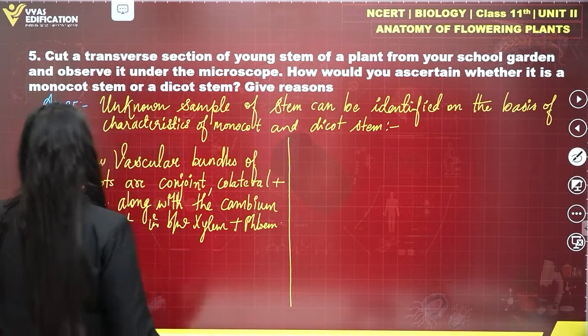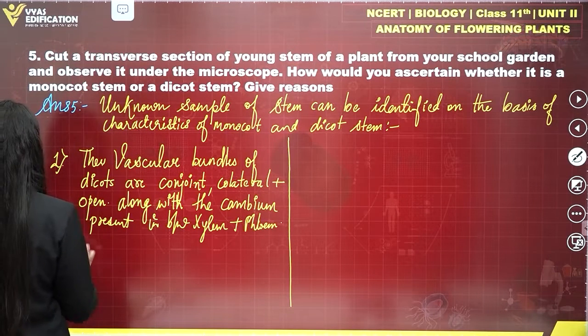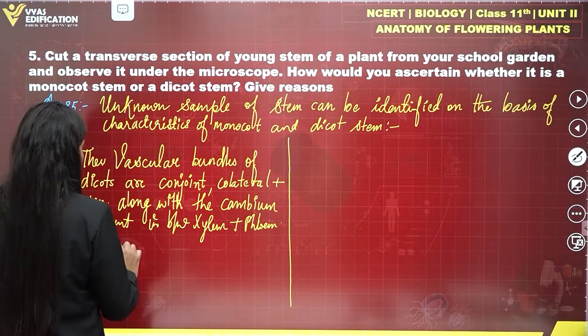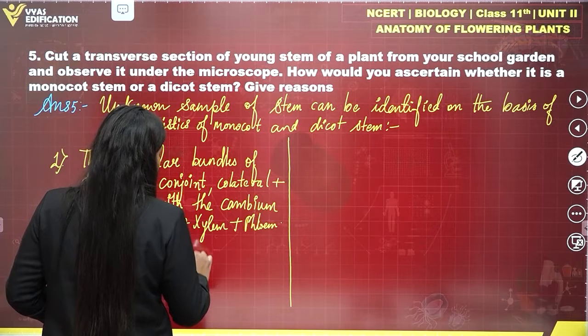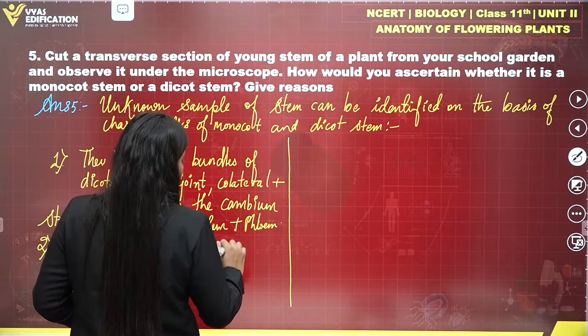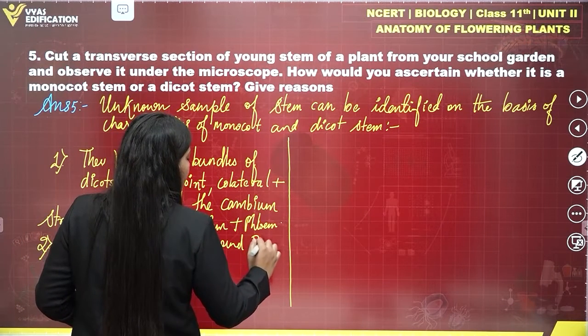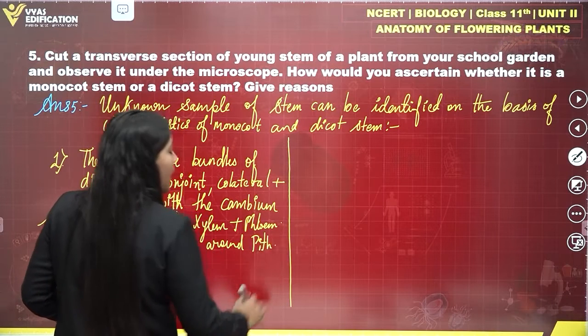Then the second characteristic of dicot stem is that vascular bundles are arranged in a ring manner around the centrally located pith.